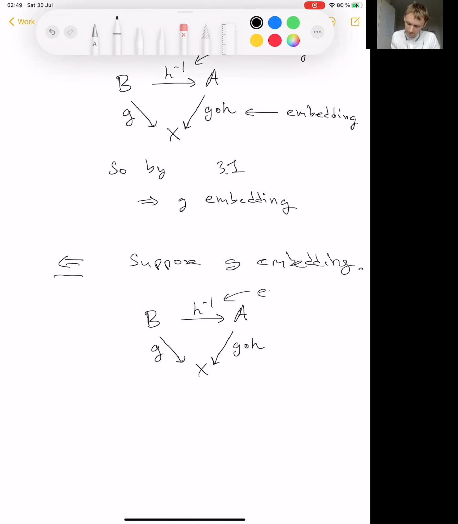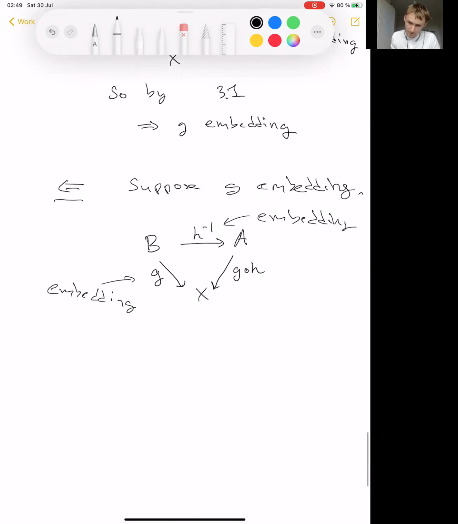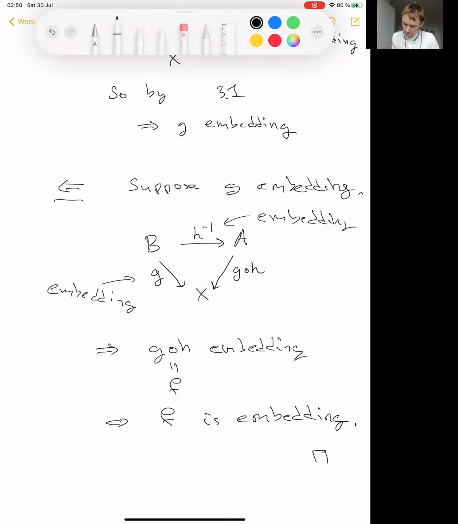Again, we have that this is an embedding, and we have that this is an embedding. So by the previous exercise again, this implies that G of H is an embedding. Well, this is equal to F. So F is an embedding. And that's it.